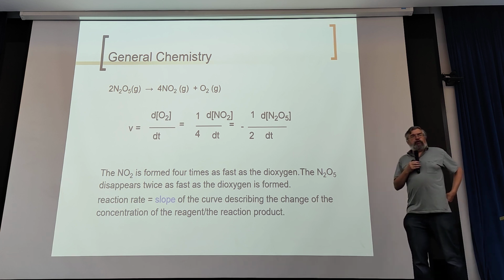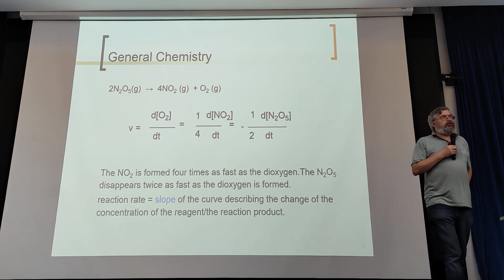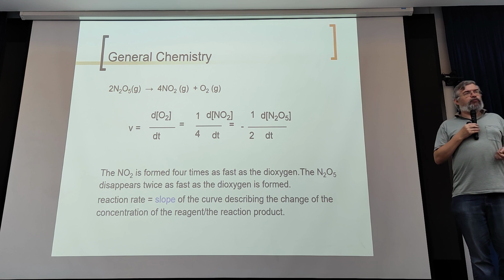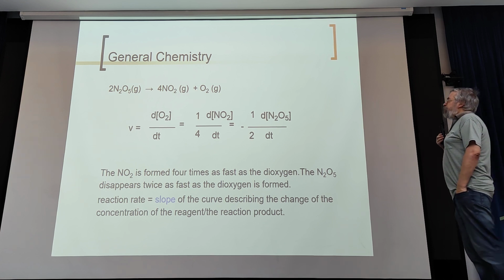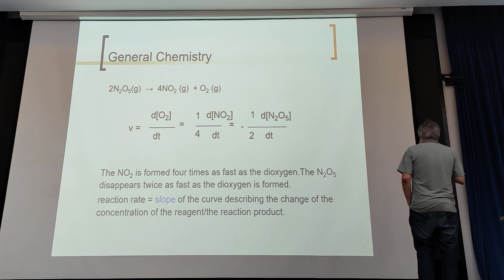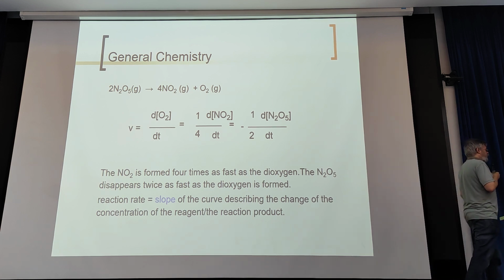So we're going to look at a few simple reactions, which will come back from time to time. And this is one where dinitrogen pentaoxide is being decomposed into NO2 and oxygen. You can see the stoichiometry is 2, 4, 1.